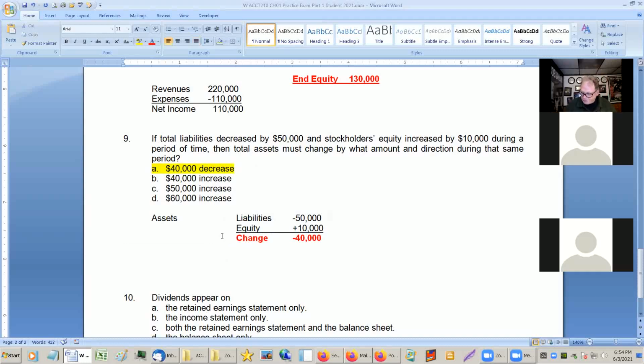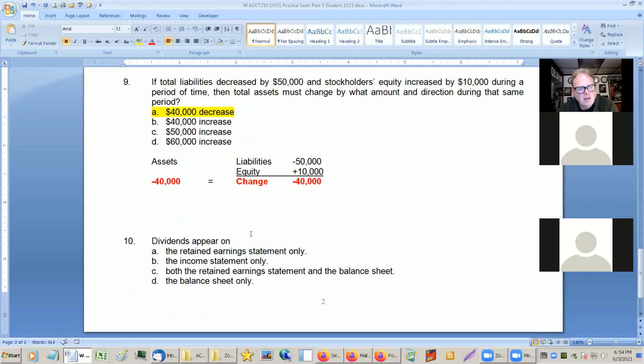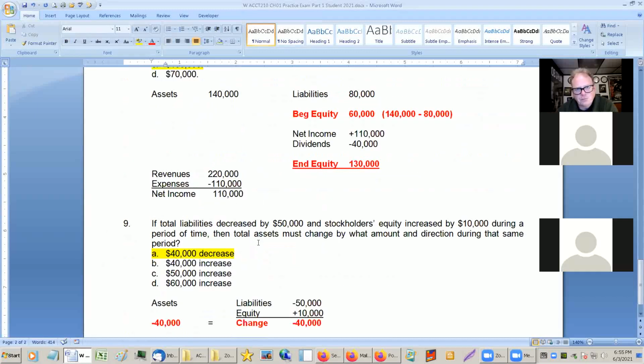So if this side changed by going down by 40, then this side has to change by 40. Okay, great. Very good.